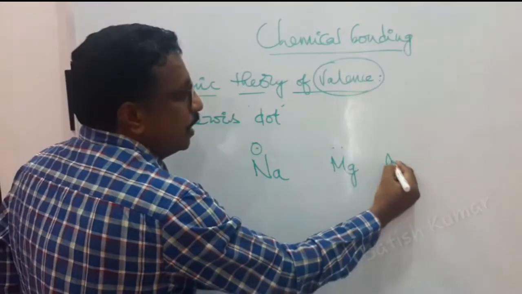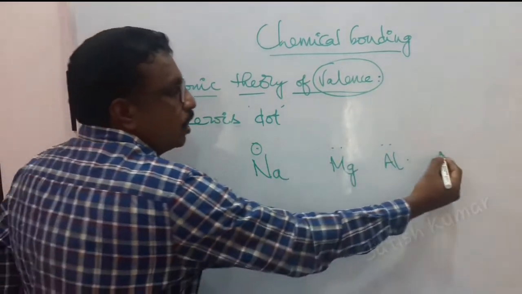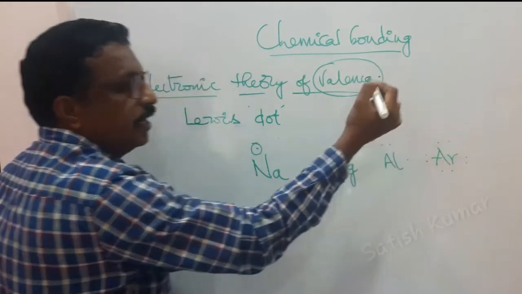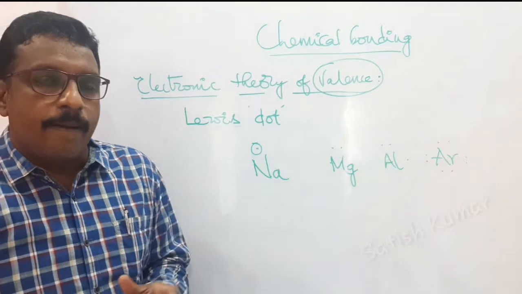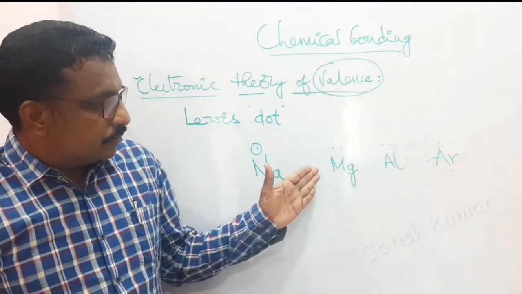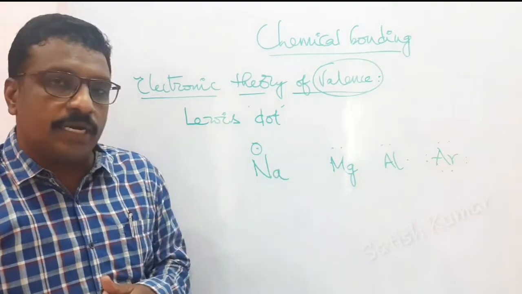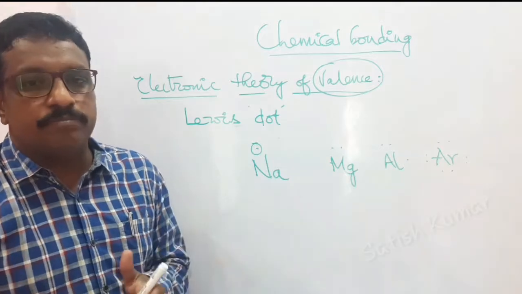If aluminum is there, you have to represent like this. If argon is there, which is a noble gas, it will have 8 electrons in the outermost shell, so you have to represent like that. By observing these Lewis dot structures, మనం వీటిని చూడంగానే we are able to know the valency of the atom.